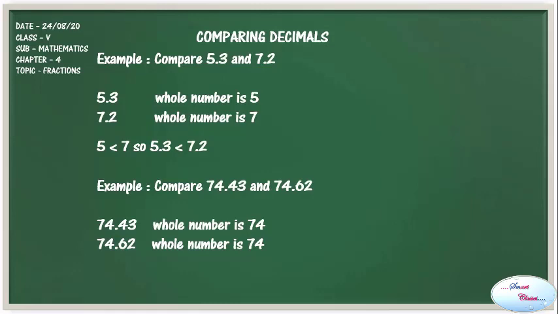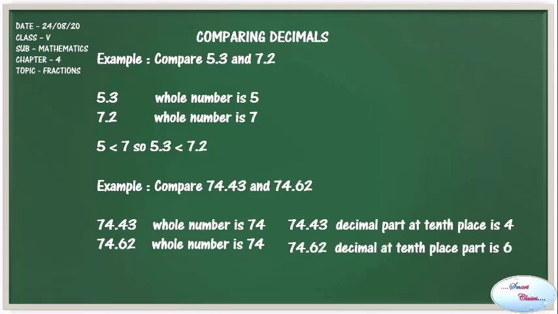In 74.43, the digit at the tenth place is 4, while in 74.62, the digit at the tenth place is 6. Therefore, it is clear that 4 is less than 6, and thus 74.43 is less than 74.62.